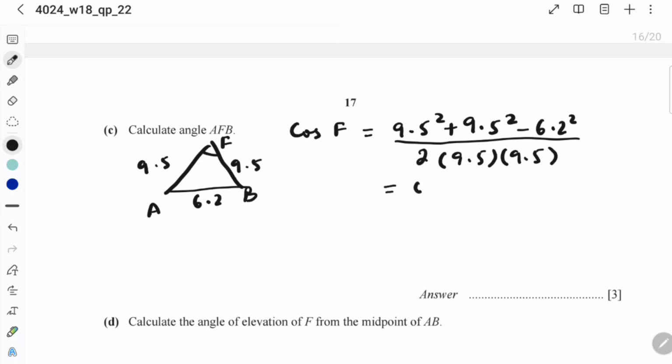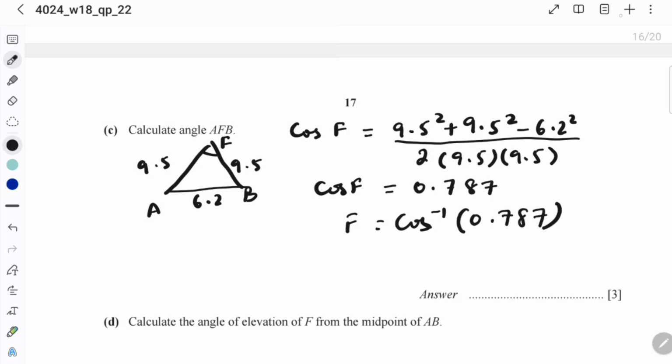So that is equal to 0.787. So F is cos inverse of 0.787, and then calculate your answer. That is equal to 38.09, so 38.1 degrees is your answer.